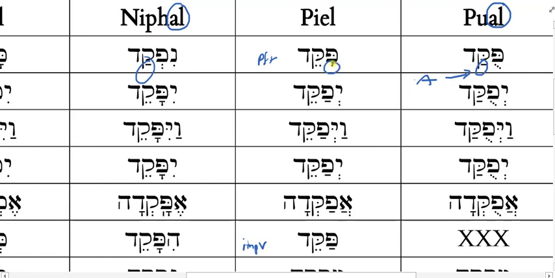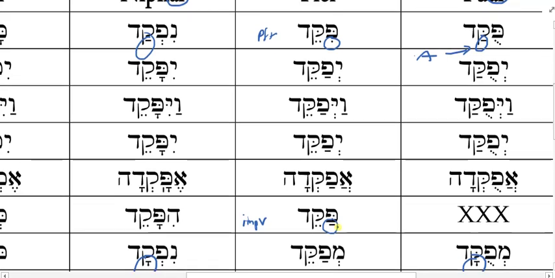Okay, perfect gets the I. In fact, is the I vowel in any of the other forms in the PL? No. Under root 1 in all PL forms, once I'm past the perfect, all of the root 1 vowels are patach. You see that? In every situation. The only time I ever see the I of PL under root 1 is in the perfect. Okay? All right, let's take a look at the homework again.